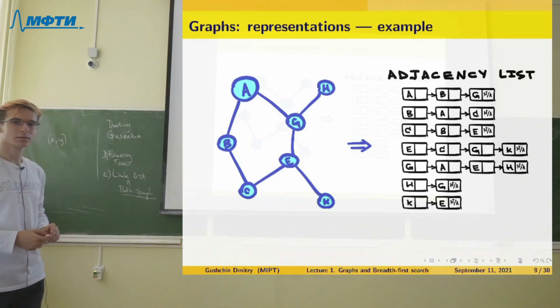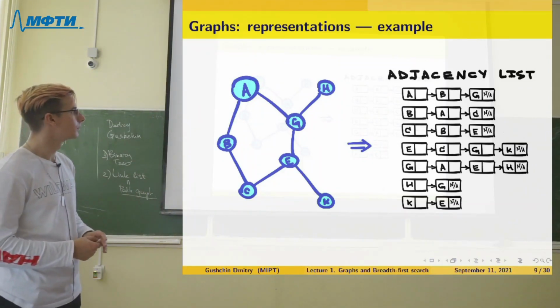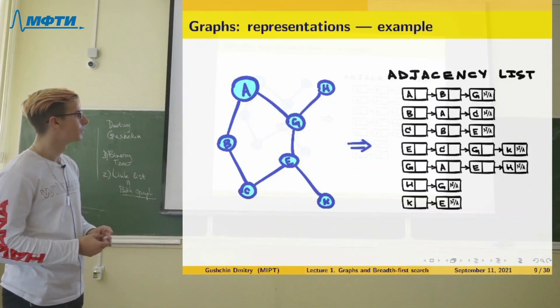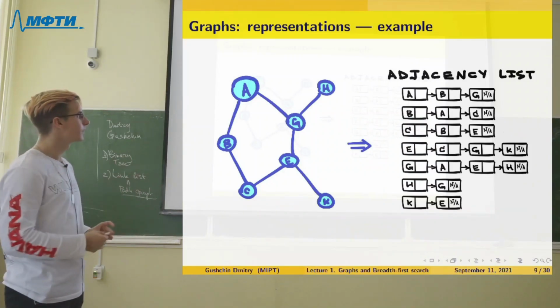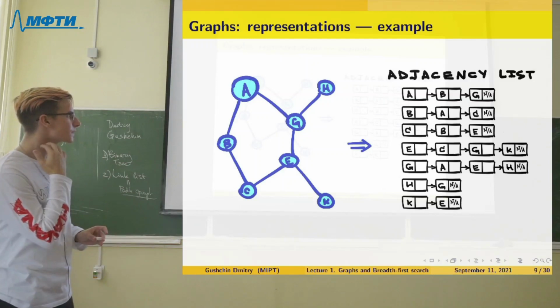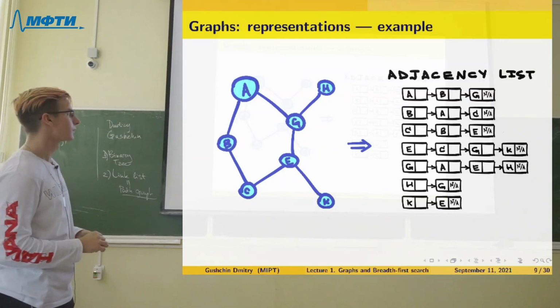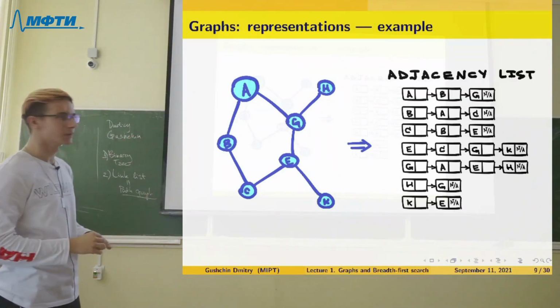We can also flip B and G. Of course, there are different representations of this linked list.